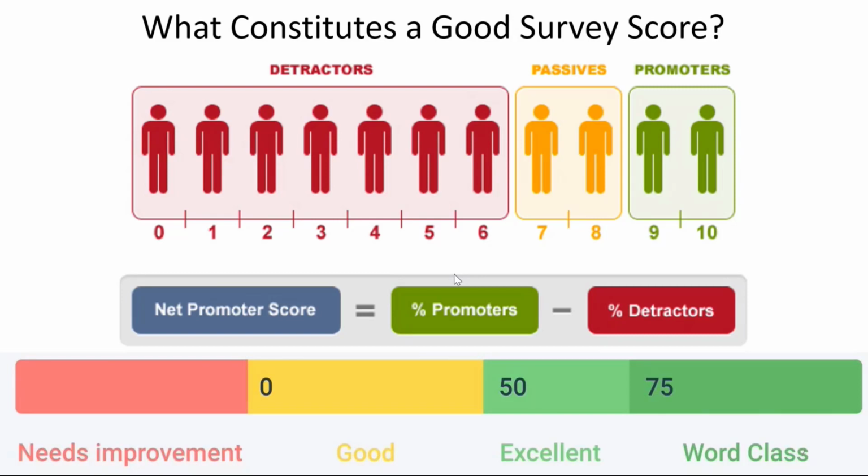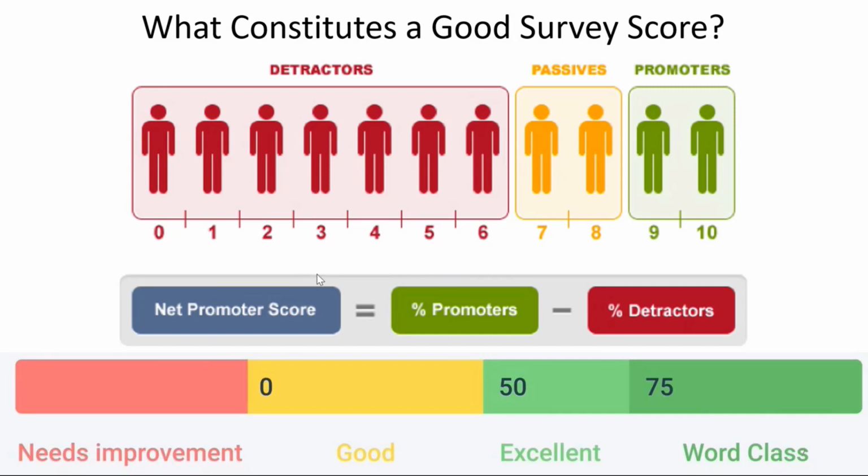Now, let's see what happens when you bring passives into play. Maybe you have some passives. Let's say you have 50 passives as well as those 70 promoters and 30 detractors. Now the percentages are out of a larger number, so the total is 150 instead of 100.